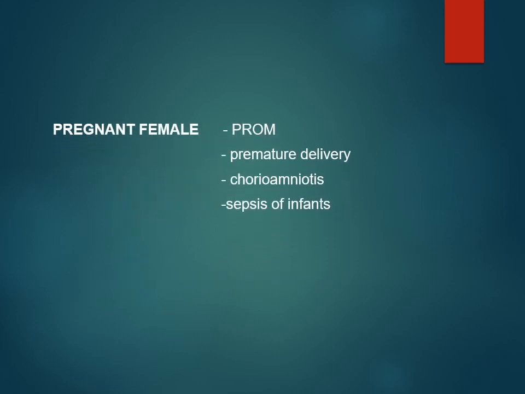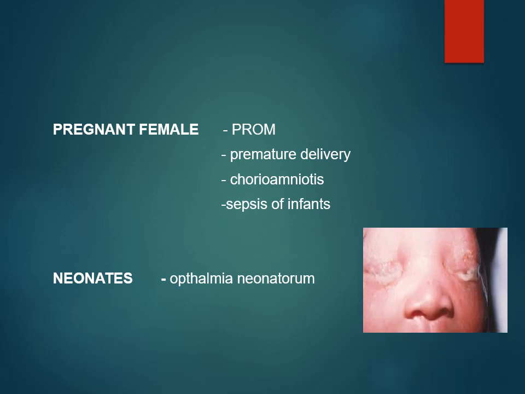In case the female is pregnant, there could be certain issues with the baby as well as at the time of delivery, that is premature delivery, prolonged rupture of membranes, then chorioamnionitis, or there could be sepsis of the infant. If the baby is born, there could be ophthalmia neonatorum, that is the infection of the eye. The child will have mucopurulent conjunctivitis.